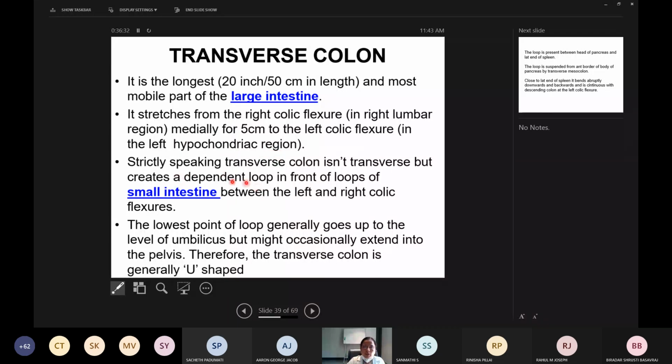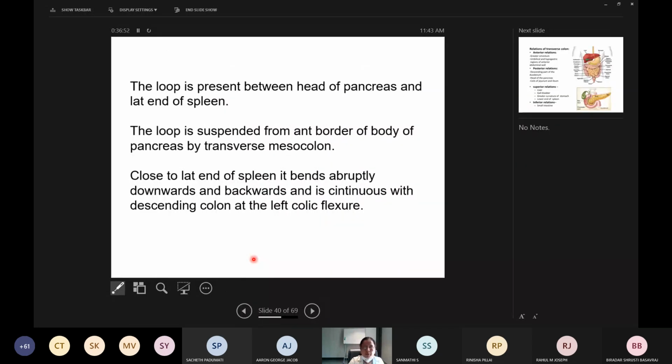Sometimes between these two flexures, a loop will be formed of the transverse colon, which may extend up to the umbilical region. So a U-shaped or V-shaped loop is formed by the transverse colon. So there may be looping between the head of the pancreas and the lateral end of the spleen.